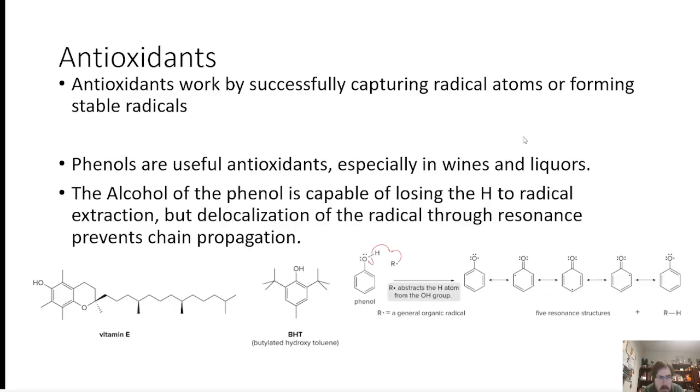And finally, last slide for this chapter. Another example, antioxidants. Antioxidants work by capturing radical atoms or by forming stable radicals. Phenols are a common useful antioxidant, especially in wines and liquors or liqueurs.